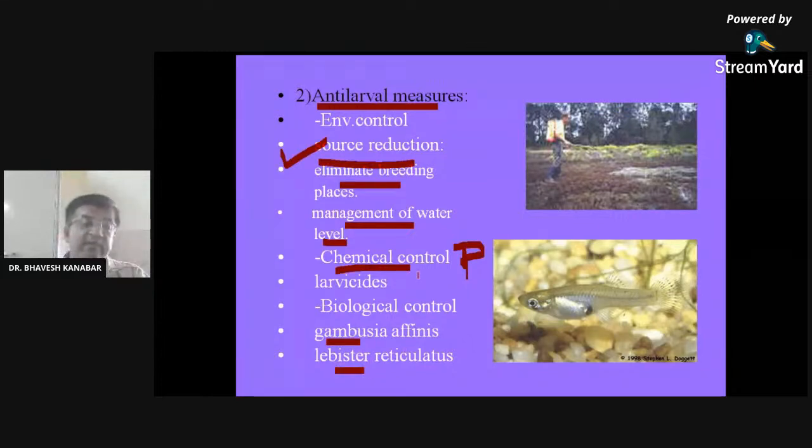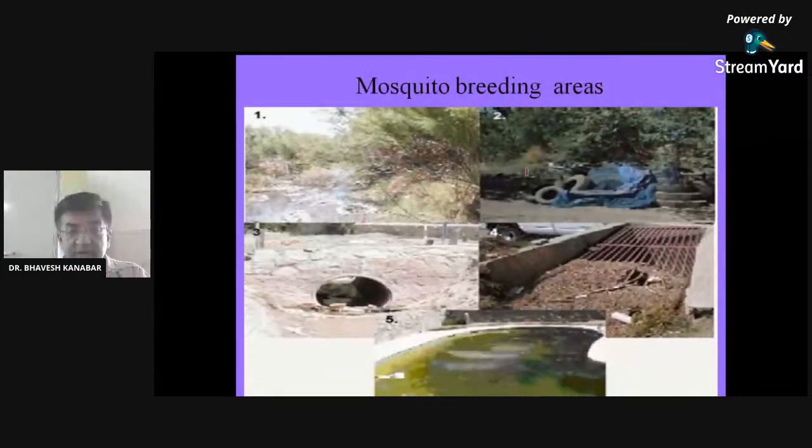These are the common larvicidal fish which are used as biological control. So in anti-larval measures, there are three main measures: environmental control, that is source reduction; chemical control, that is use of Paris green or mosquito larvicidal oil; then larvivorous fish, Gambusia, lobster or guppy fish can be used. You can see this mosquito breeding area here, particularly in artificial collections of water, where mosquitoes for dengue may develop.